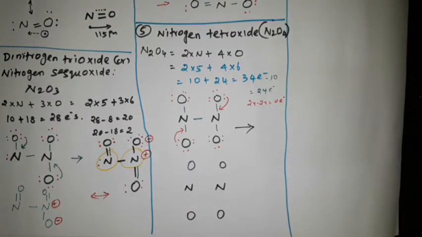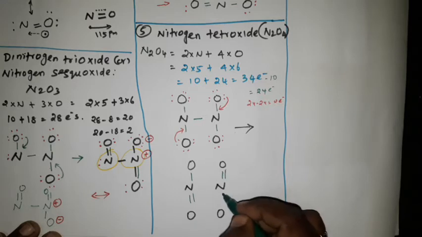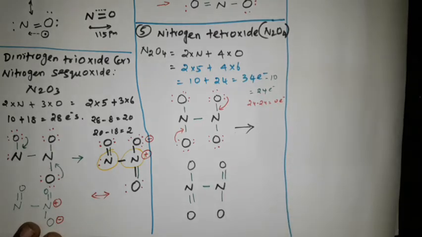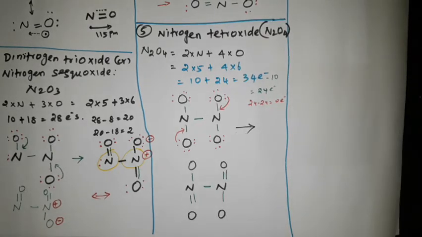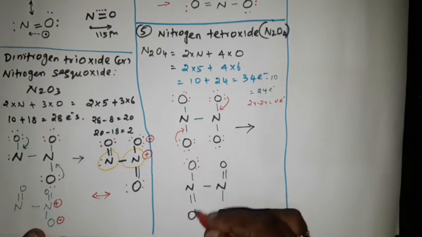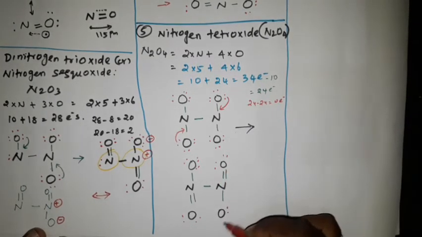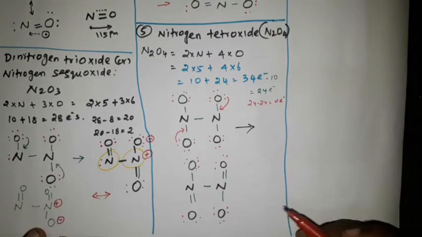Now here it will come double bond, single bond, double bond, single bond, single bond. Then write the electrons. 2, 4, 6, 2, 4, then here 2, 4, 2, 4, 6.